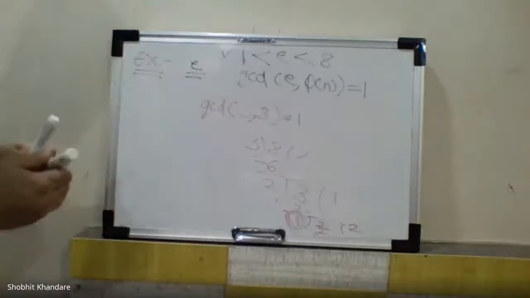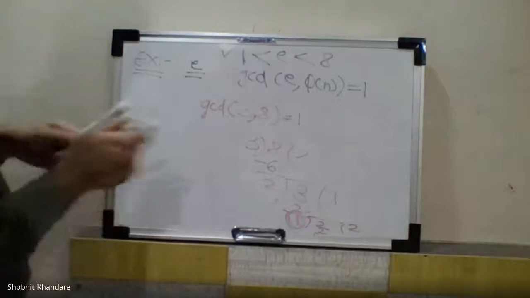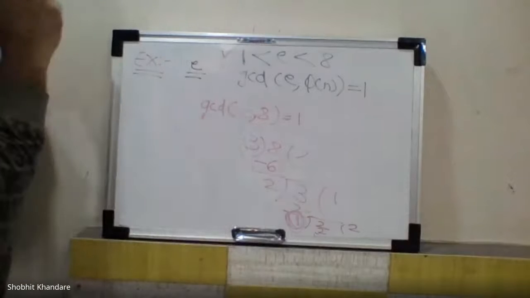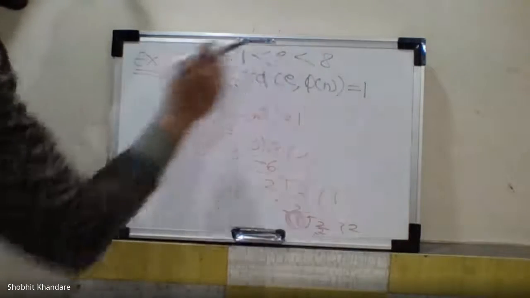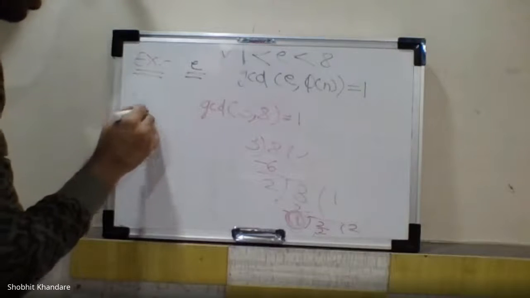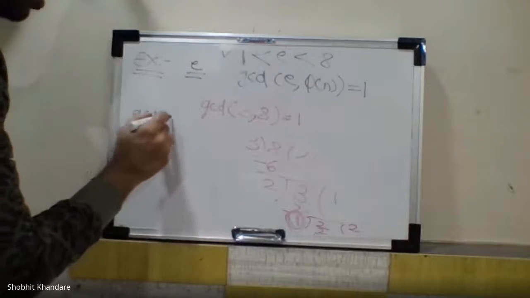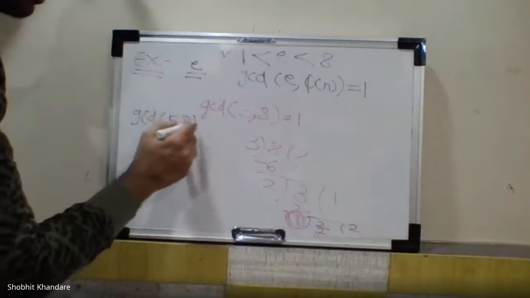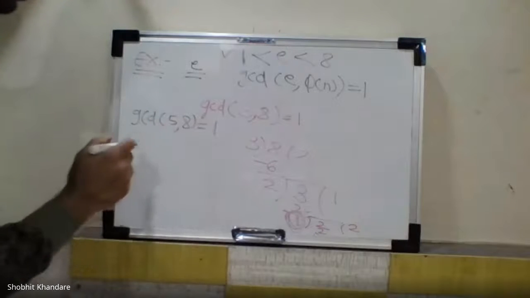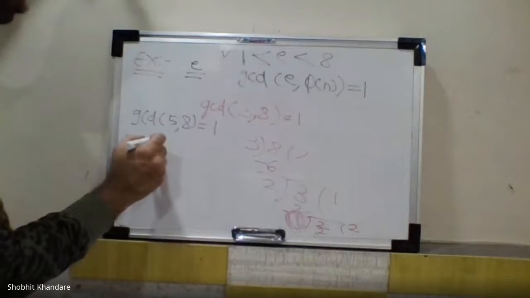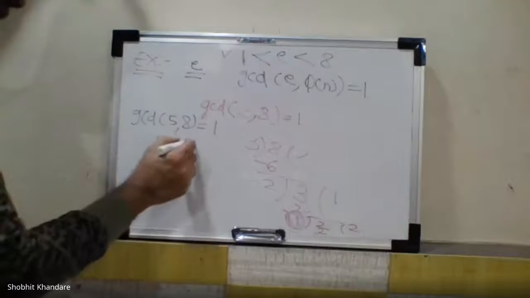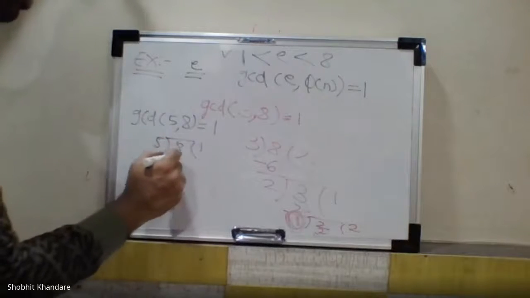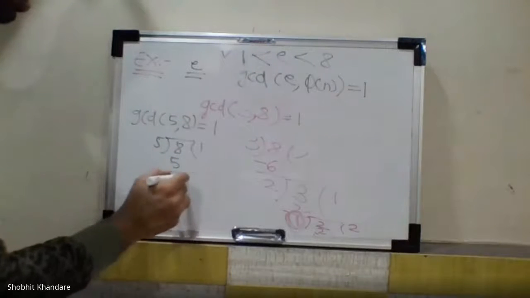Now this is for E equal to 3. Now suppose I take E equal to 5. E lies between 1 and 8. But the GCD of 5 comma 8 should be 1. Now see the GCD. I am taking 5 divided by 8. 5 1s are 5, it comes to be 3.